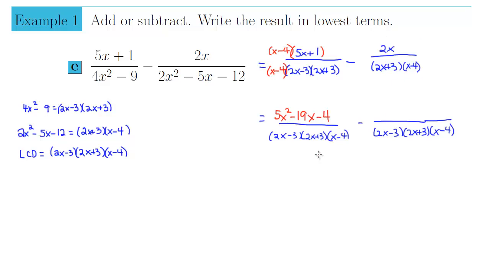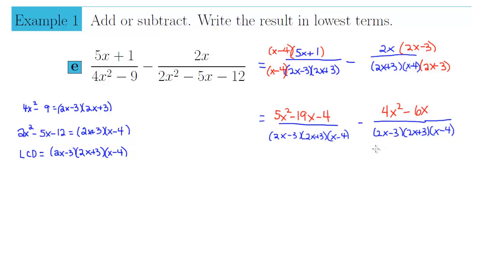Now let's take a look at the second rational expression. What is it that we need to multiply by? We have a 2x plus 3 and an x minus 4. What's missing is the factor of 2x minus 3. So we need to multiply both the denominator and the numerator by 2x minus 3. When I do that, what do I have on top? I have 4x squared minus 6x.